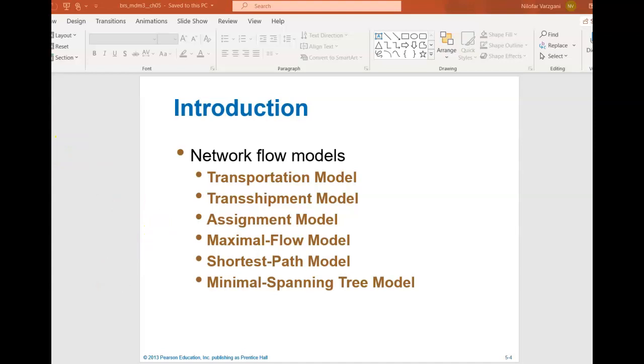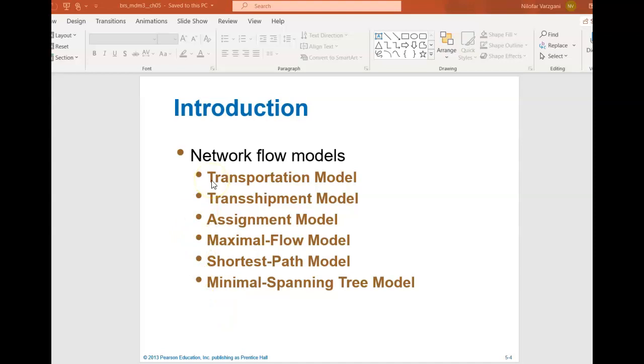Each of these models have a bunch of applications in real life, and we'll go over examples of where these models are used in real life, so that you can get an idea of how to apply these models once you learn how to solve for them.